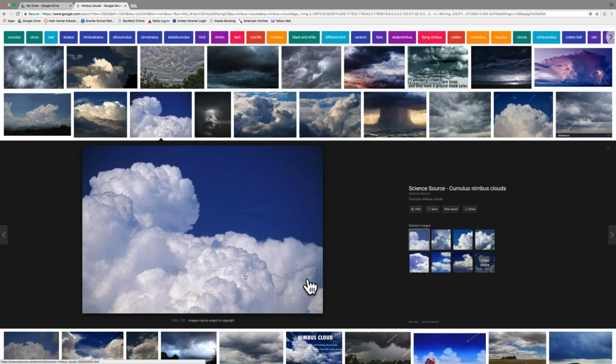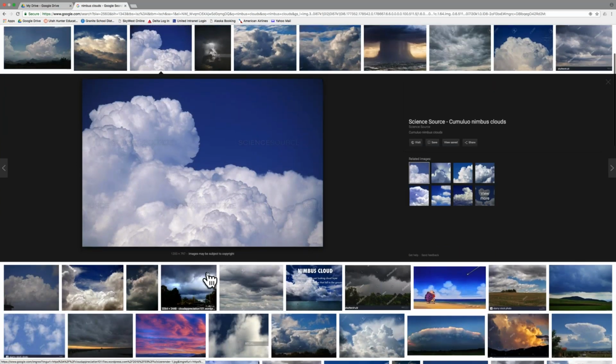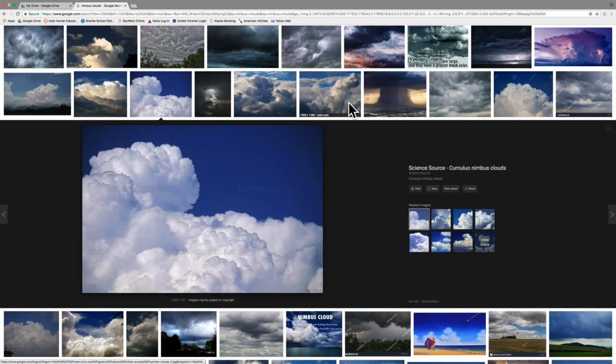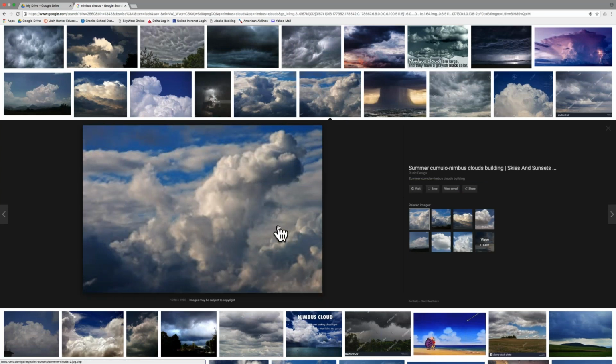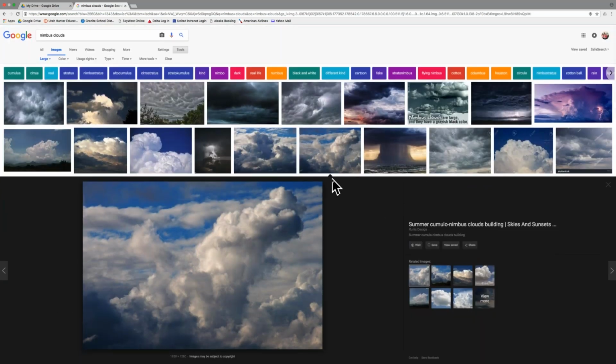But these are like cumuliform clouds, right? Really fluffy clouds. The reason why we're seeing both the cumuliform clouds and nimbus clouds is typically the cumuliform clouds turn into what we call a cumulonimbus cloud, which means a cumulus cloud that is bearing a whole lot of water.